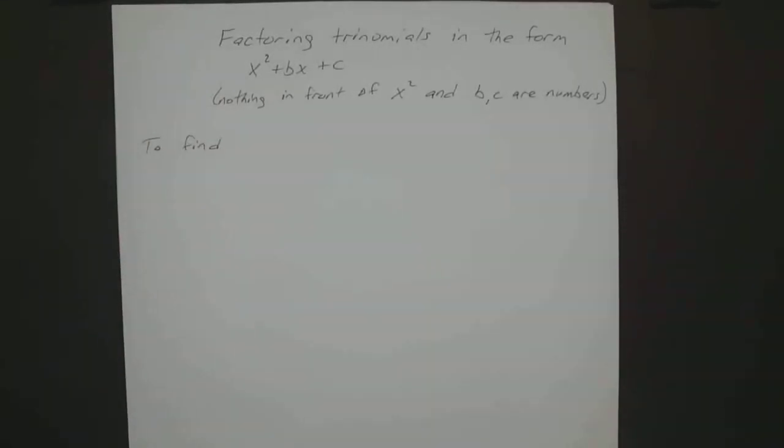Now, in order to find the factors of a trinomial, you can use these steps. As long as you have a pretty clear understanding of your multiplication, these steps are not too horrible.